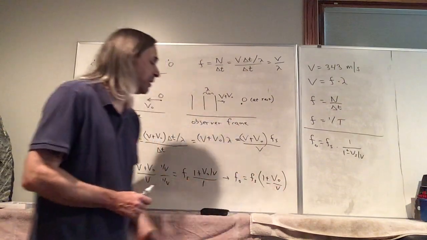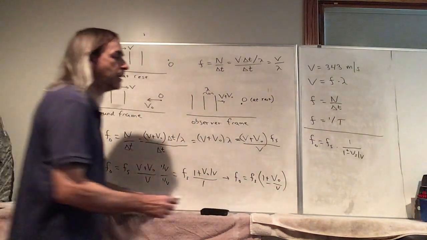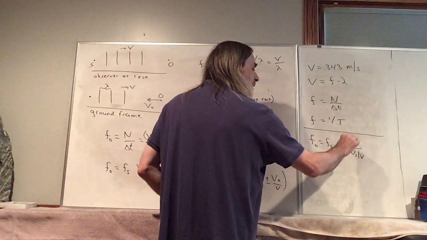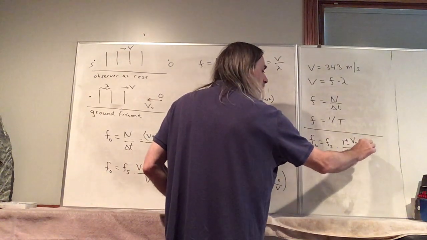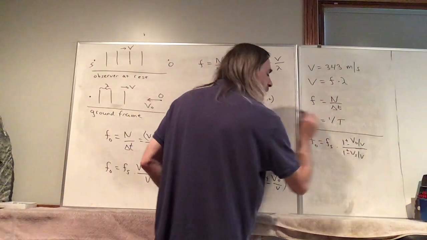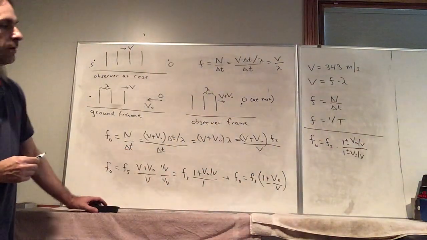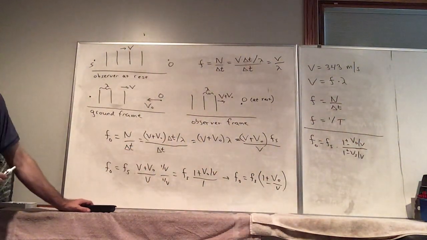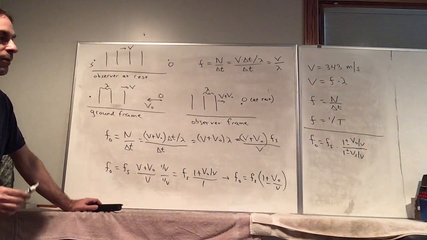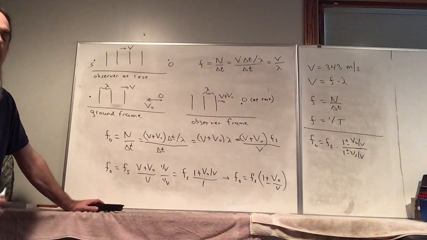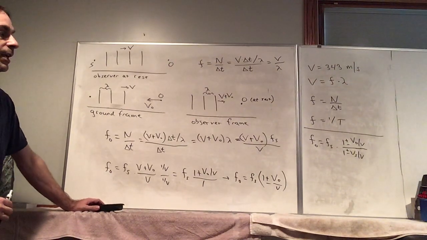This is the correction here due to the motion of the observer. So we can just replace this, and this is our final formula. The frequency observed is equal to the frequency of the source times 1 plus or minus v0 over v, divided by 1 plus or minus vs over v.